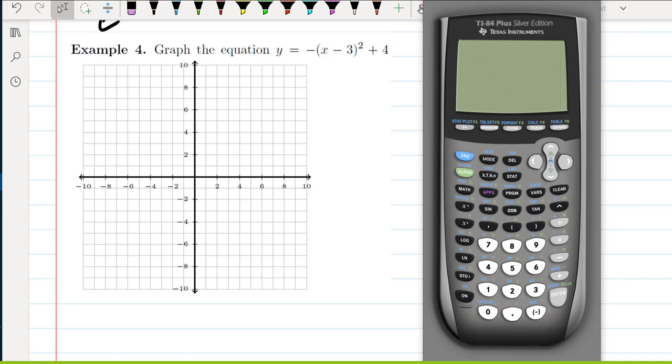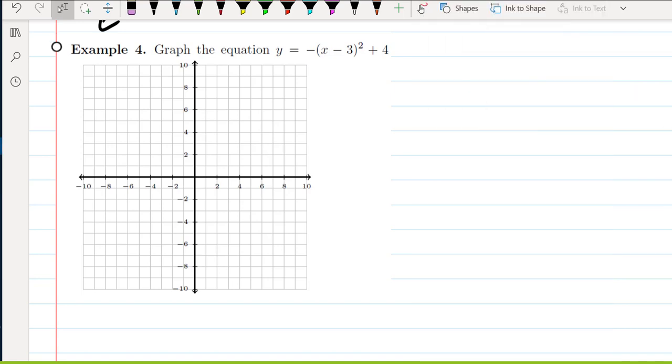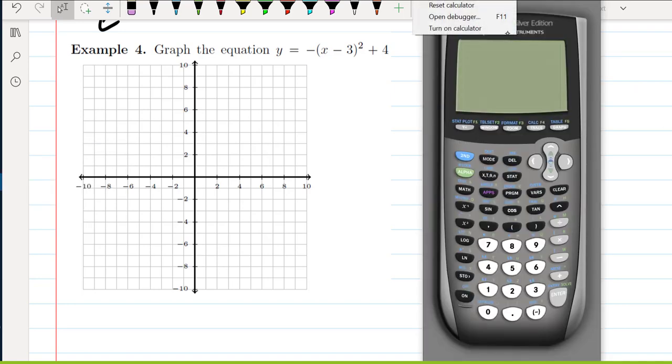So if we want to graph this equation using our TI graphing calculator, there's a couple of things we're going to want to do. So if we get our calculator and we turn it on, the first thing we want to talk about is if you look at your keys, in the upper left-hand corner, the down diagonal to the right from the secondary function, there is a key with an x, a comma, t, comma, the Greek letter theta, comma, n.